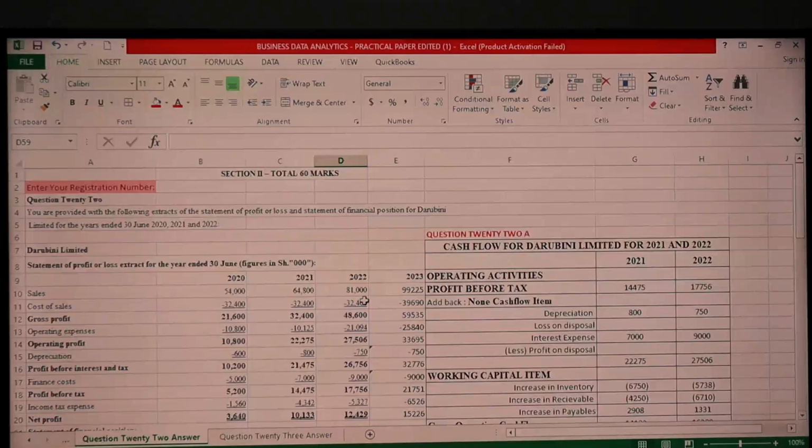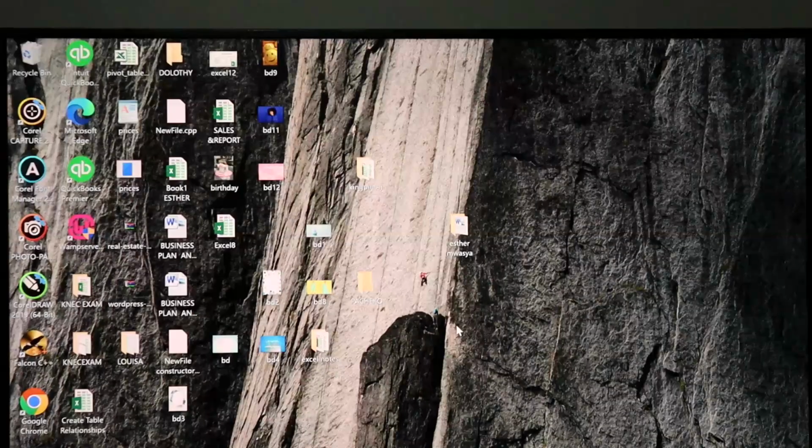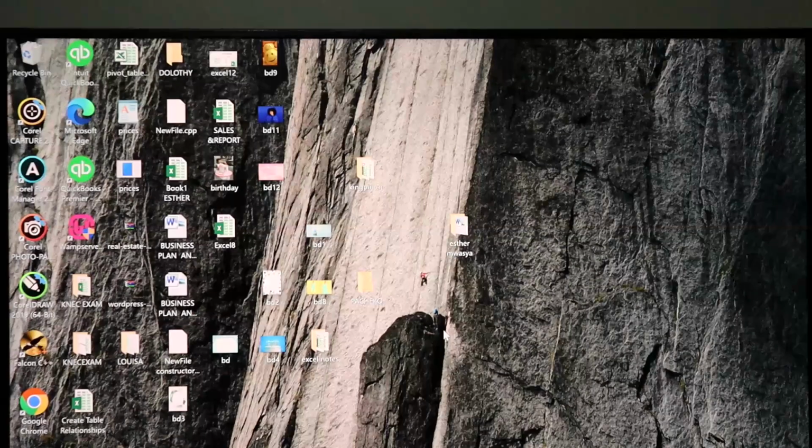So after that level, we are going to have our lesson.